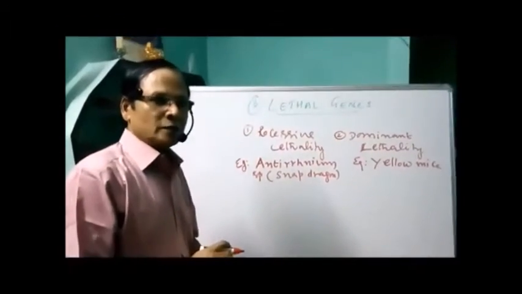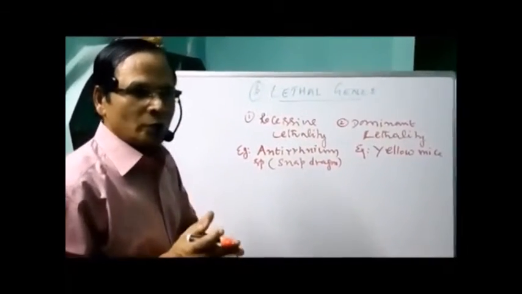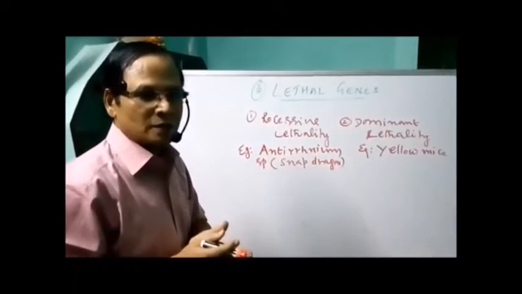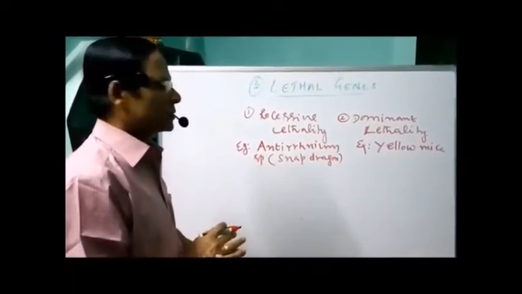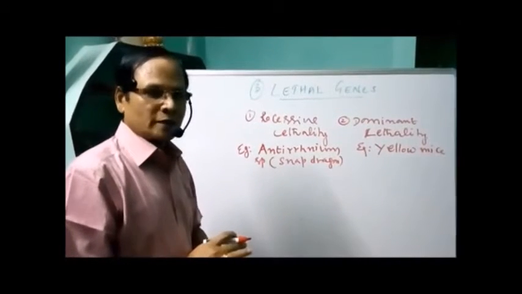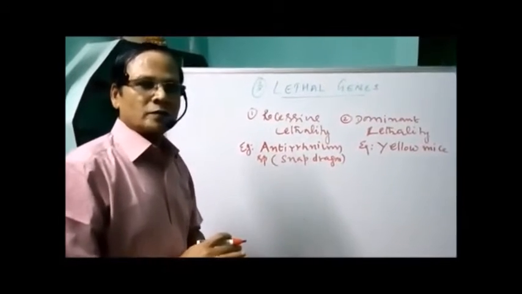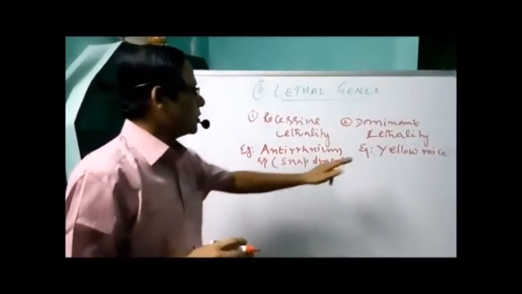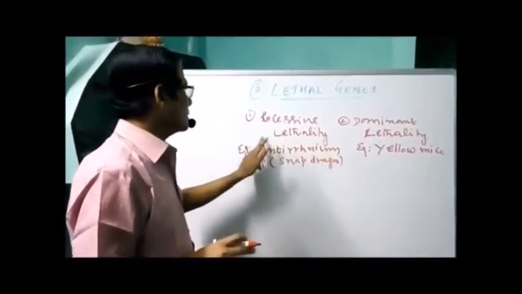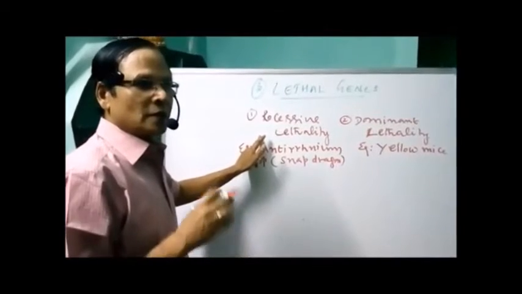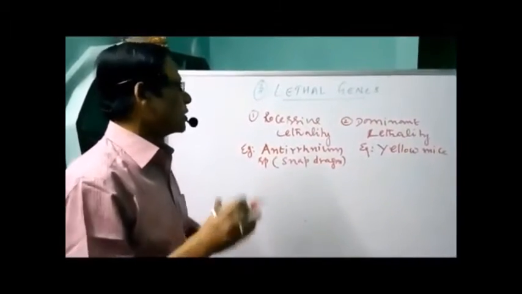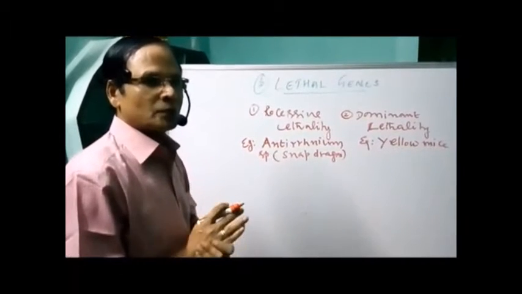In both the cases, the fully dominant allele or the recessive allele kills the carrier organisms only in homozygous condition, but not in heterozygous condition. I'll repeat once again. The fully dominant allele or the recessive allele kills the carrier organisms only in homozygous condition.